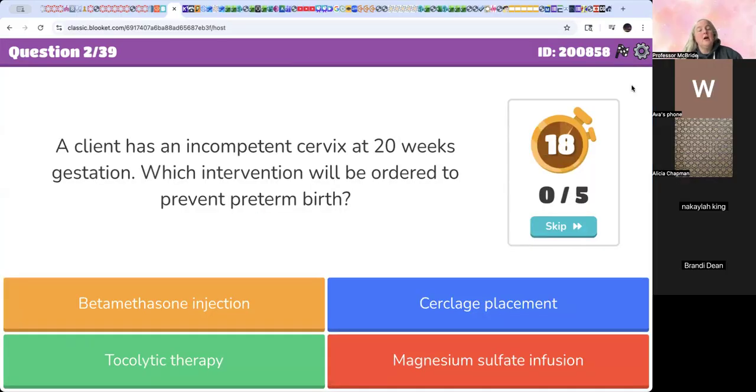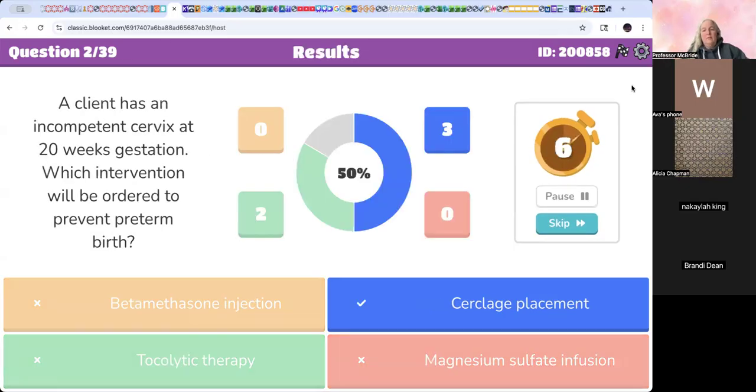A client has an incompetent cervix at 20 weeks. Which intervention will be ordered to prevent preterm birth? Okay, good.